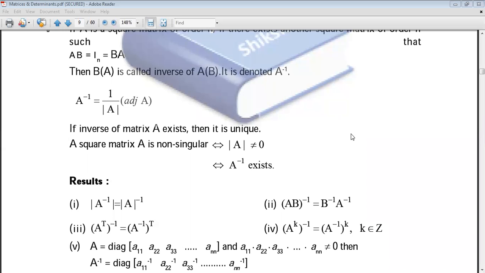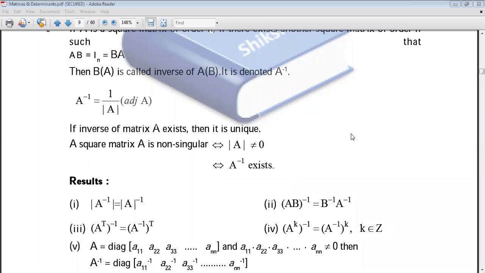Okay. So understood, adjoint of A equals the matrix within square bracket with elements capital A11, capital A12, capital A21, capital A22, to the power transpose T. Mark that as equation number 2.